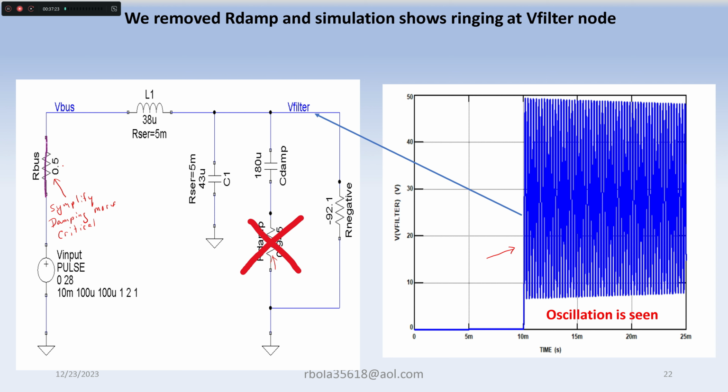If I had left that resistor, it would not oscillate as much. Because I left it out, this is seen much more easily, and the oscillation is more pronounced.